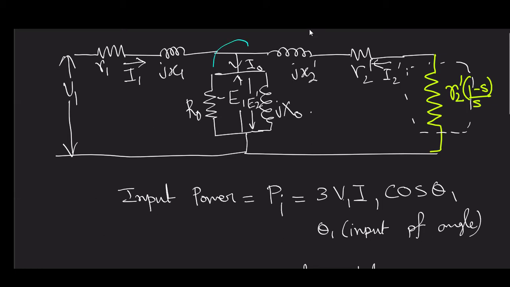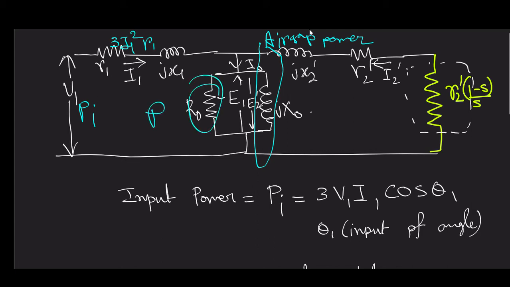This power is our air gap power. Here it was Pi, then I subtracted 3 I1 square R1, then I subtracted the core loss, then I get this air gap power.